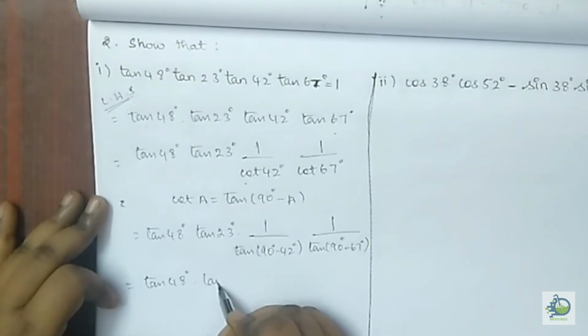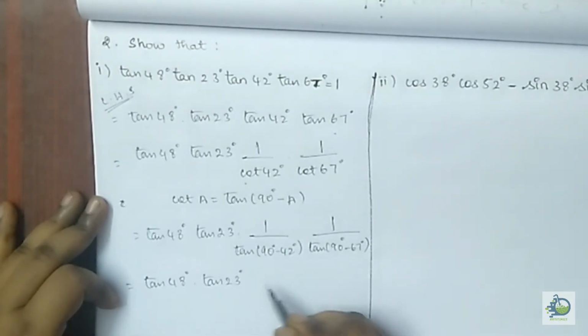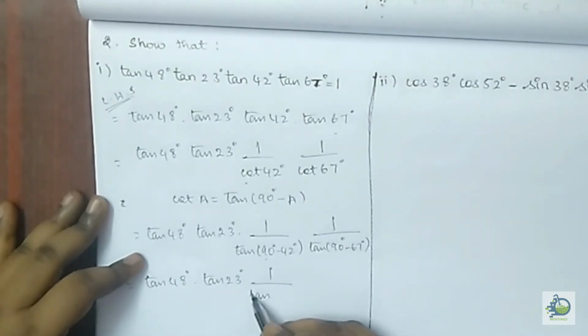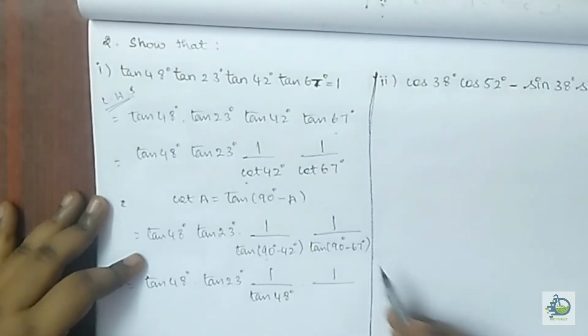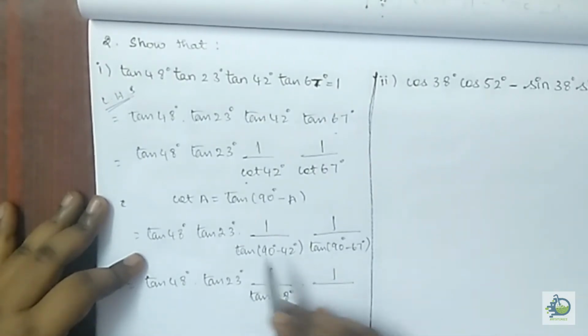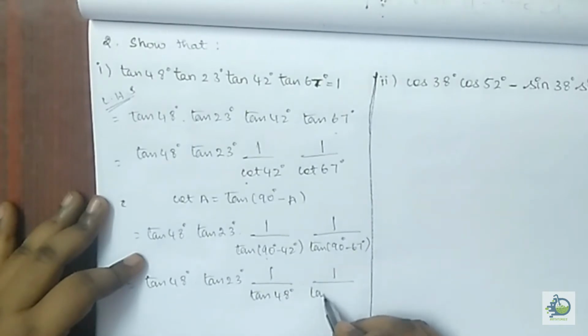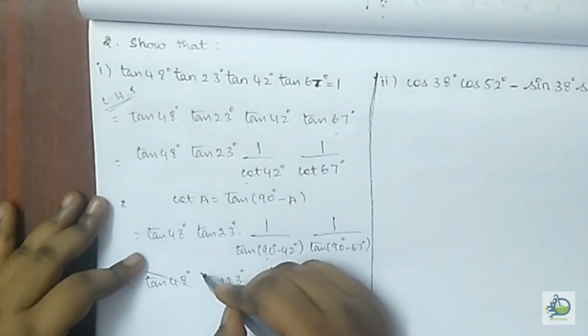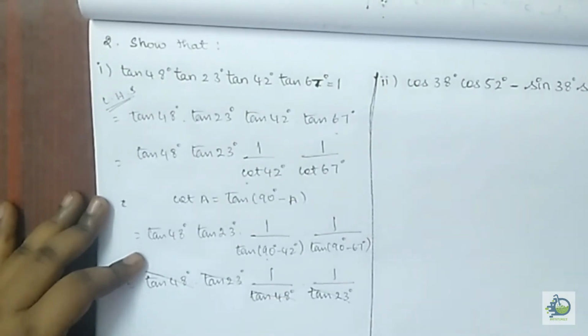Here it is tan 23 degrees. And here 1 by 90 minus 42 is 48, so it can be written as tan 48 degrees, multiplied by 90 minus 67 is 23, so it can be written as tan 23 degrees. So tan 48 gets cancelled, tan 23 gets cancelled, and the answer is 1.